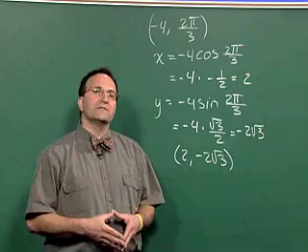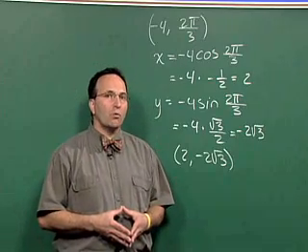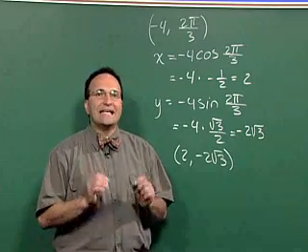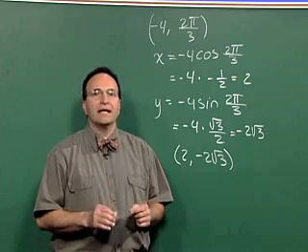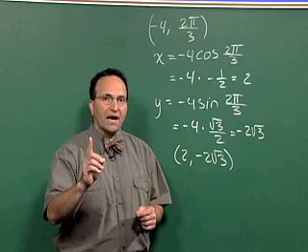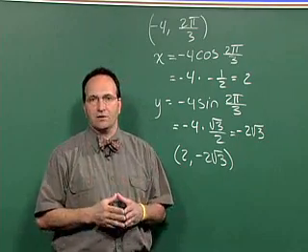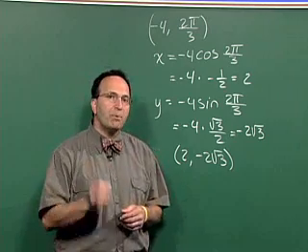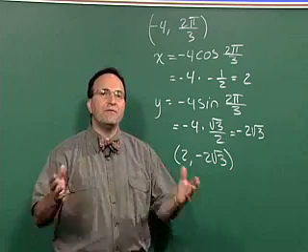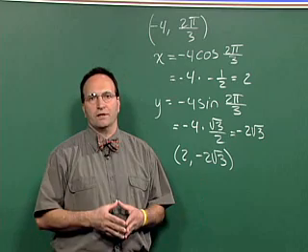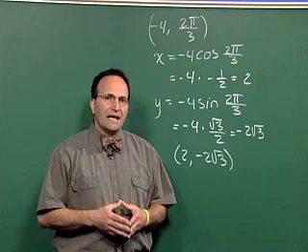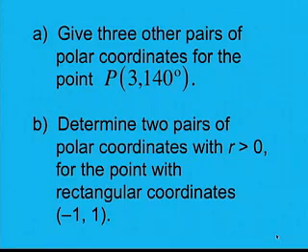One important difference between rectangular and polar coordinates is that a given point in the plane can have only one pair of numbers for rectangular coordinates, but the same point can have an infinite number of polar coordinates. Let's look at an example that will illustrate this.